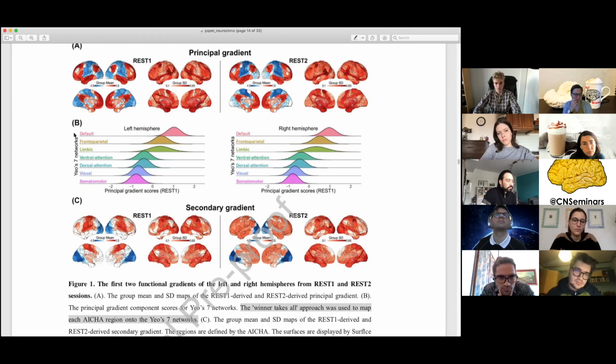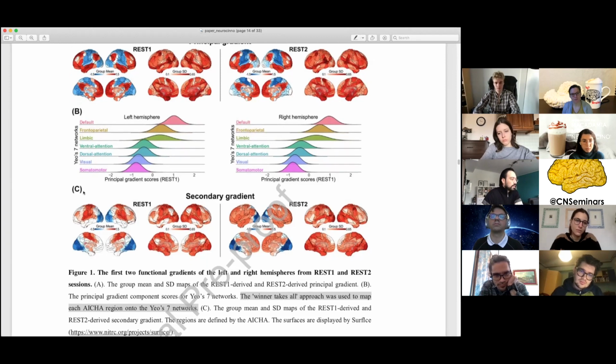Also, when you look at different functional networks, like the seven networks defined by Thomas Yeo, it's quite obvious that the default mode network is anchoring the gradient at one end, and visual and somatomotor cortices are anchoring the gradient at the other end, which is quite in line with theory about the gradients.